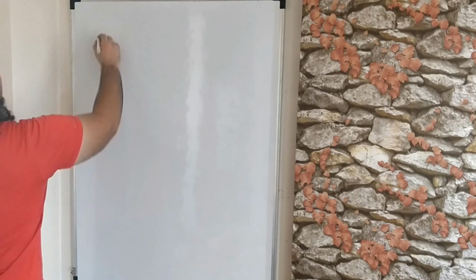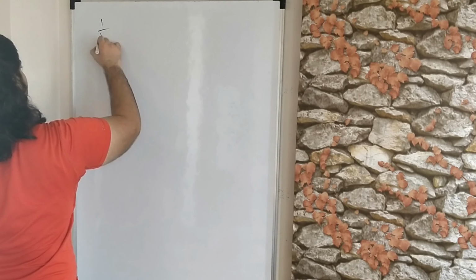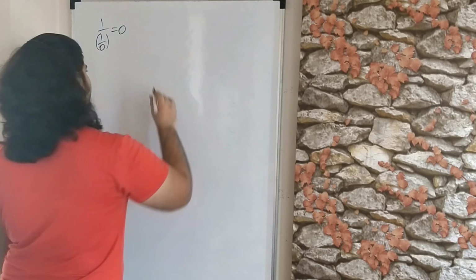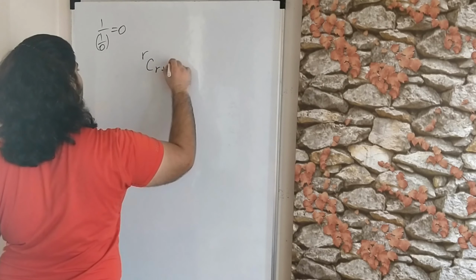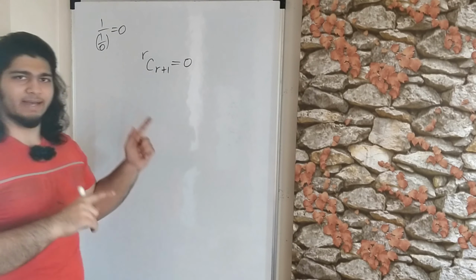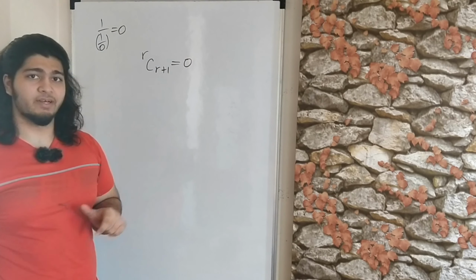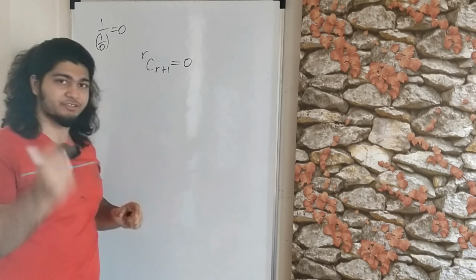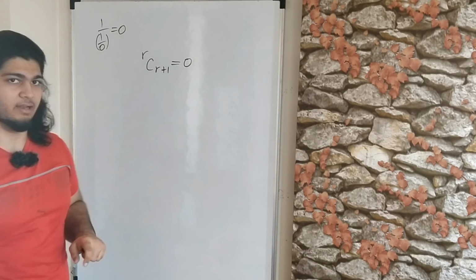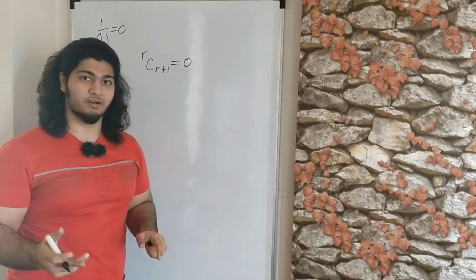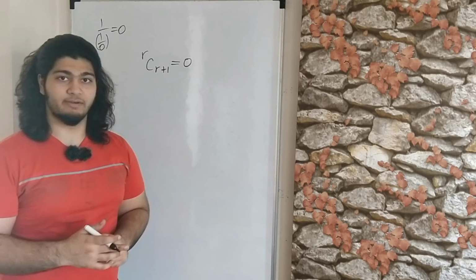You granted me that 1 over 0 is equal to 0. And under this assumption, I'm going to show you that r c r plus 1 is equal to 0. And this is useful because if you go back and see the formula we derived, if you grant this assumption, then the formula actually works for a is equal to r as well. So if we prove this using this, then our formula will work for all possible values of a.